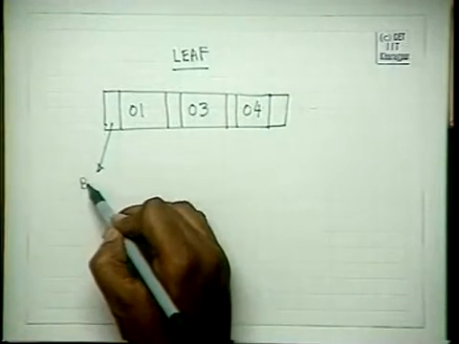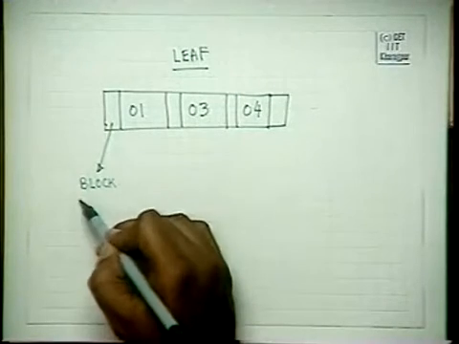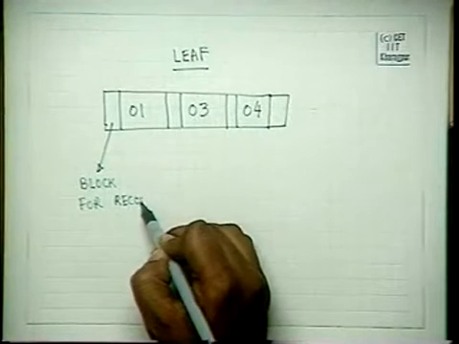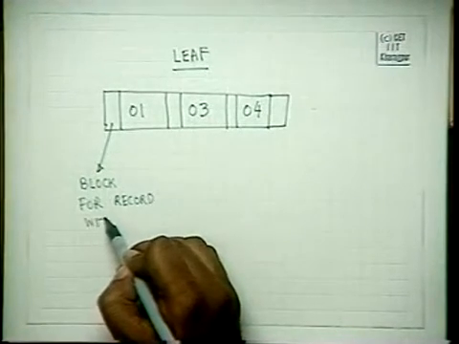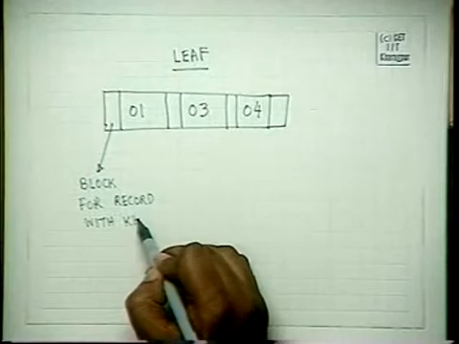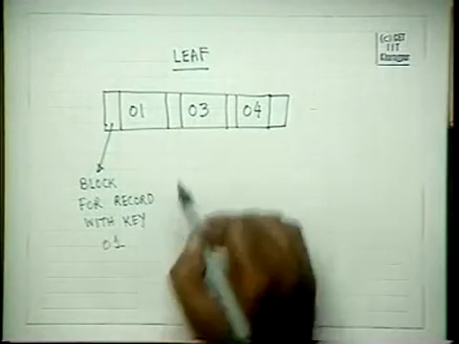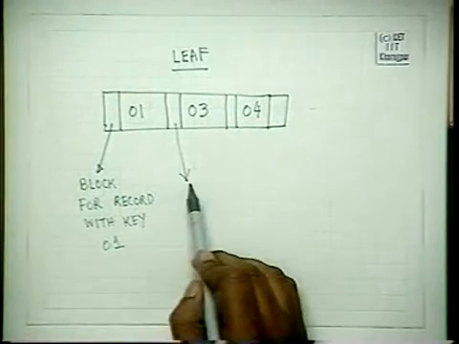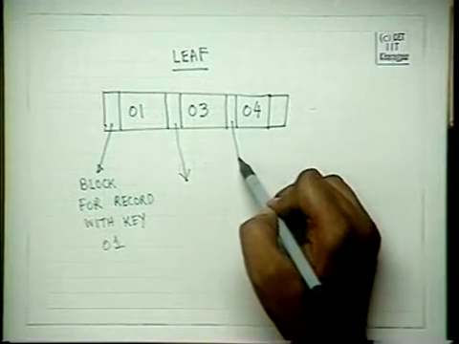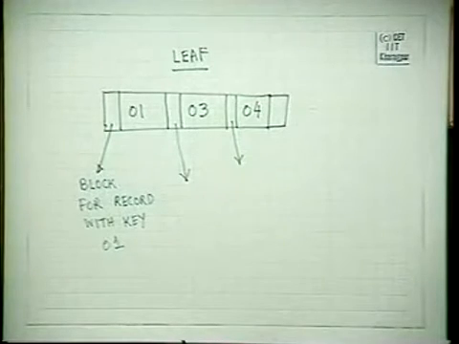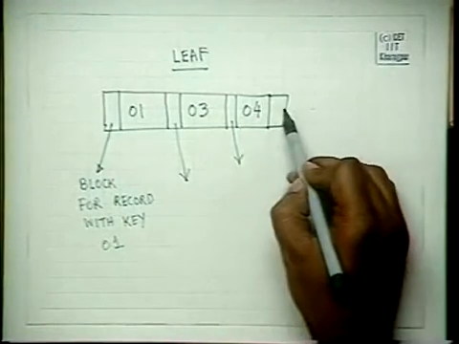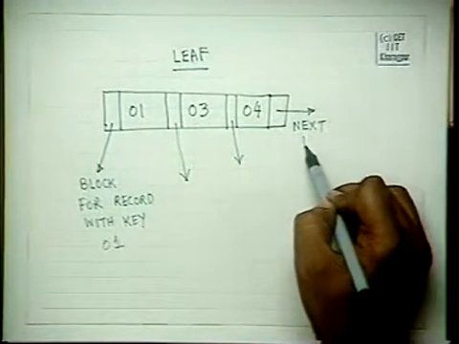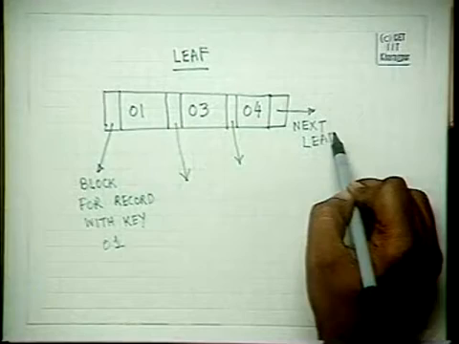This points to block for record with key 0, 1. Similarly, this points to block for record with key 0, 3. This points to block for record with key 0, 4, and this points to the next leaf node.